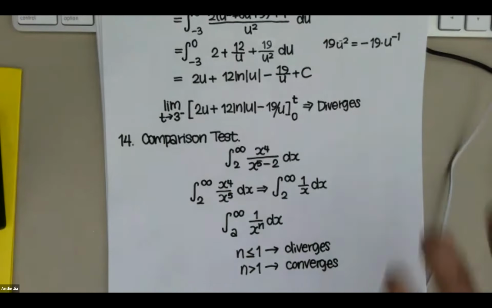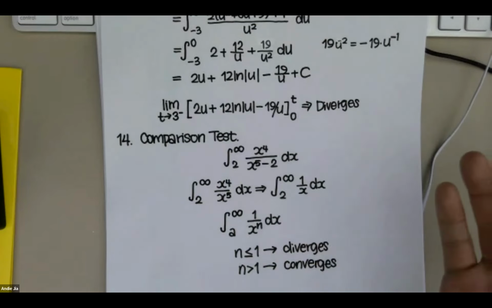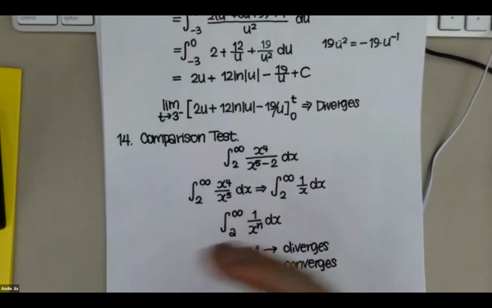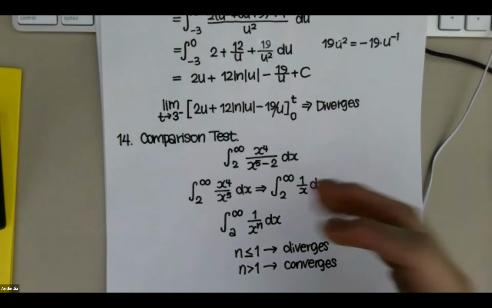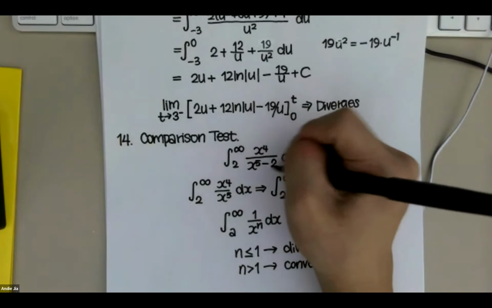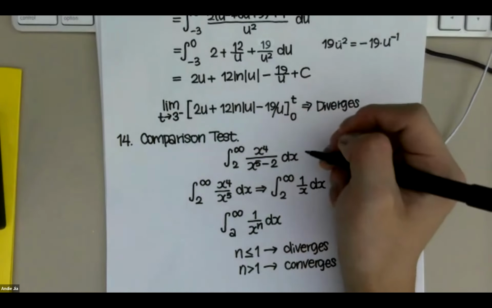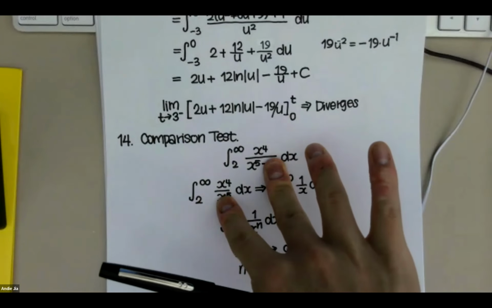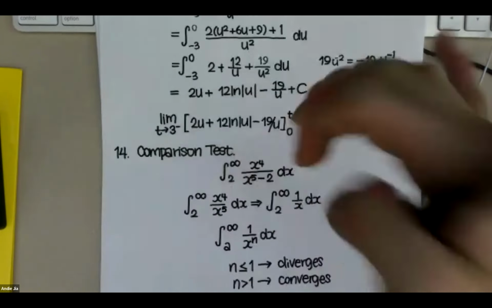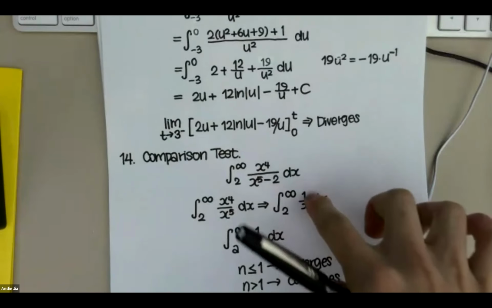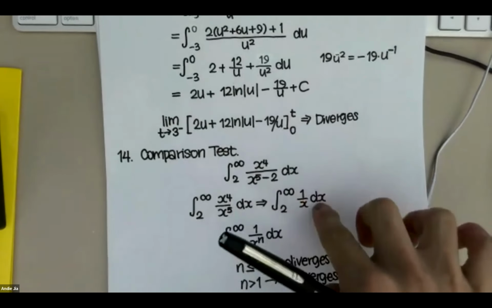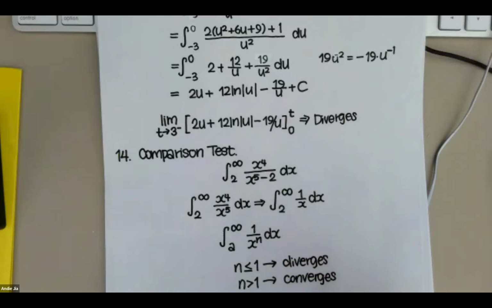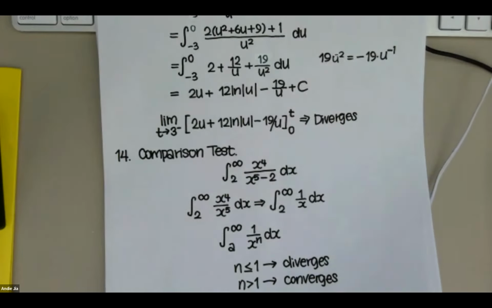Adding anything on the bottom does not change the output of a function hugely, it just makes very small changes. So those two are basically the same thing, just with slightly different output. So we evaluate this and we get 1 over x to the 1. Since n equals 1, this is a divergent integral.